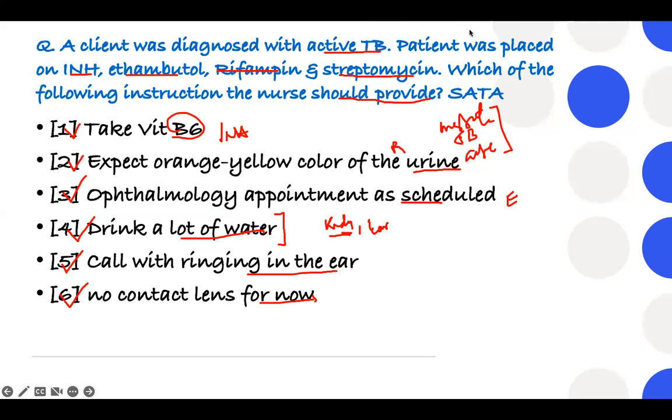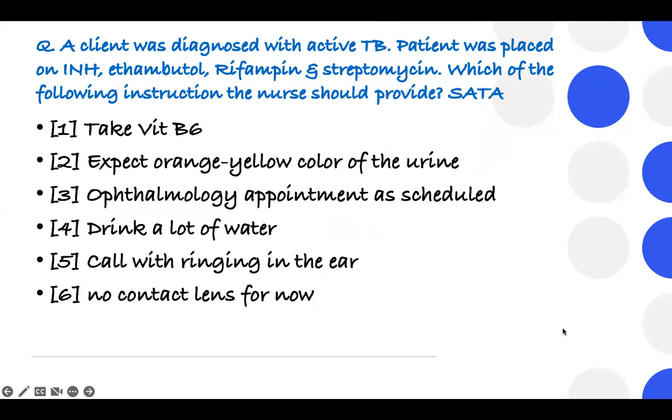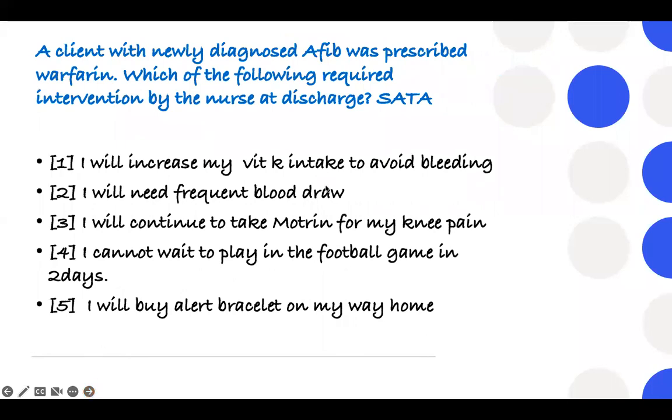So let's clean this and then move forward and see. So same thing, we have the same SATA question. We're going to use the same strategy. So it's a SATA question. We read the last portion of the question. Which of the following require intervention by the nurse at discharge?